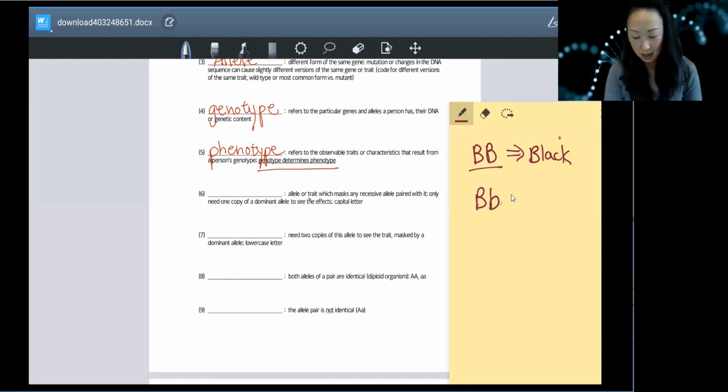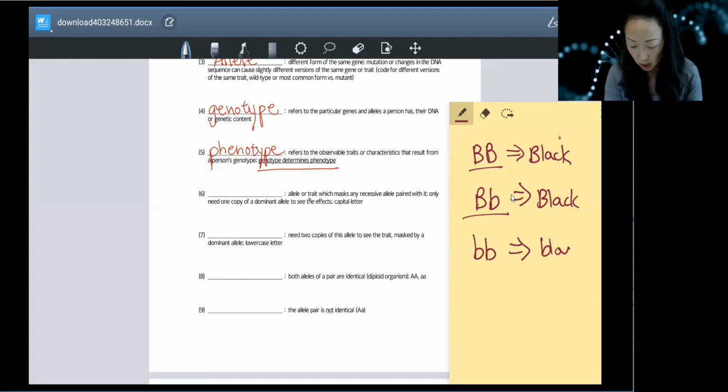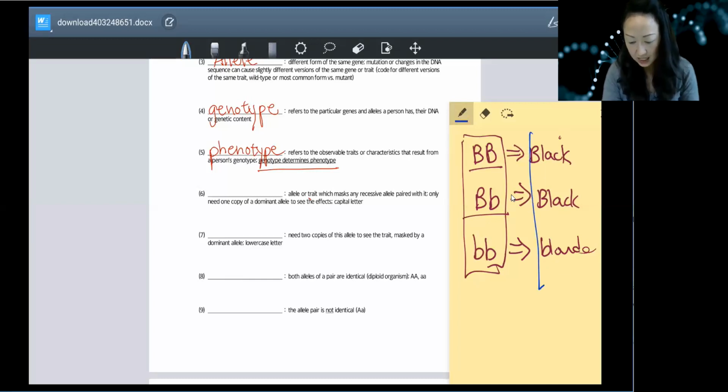Dad says black, mom says blonde, but black trumps blonde by putting on black pigment. The blonde says blonde, but you're not going to see it. Then it's black again. Now, what if mom and dad both have blonde? Then you're going to get blonde. So these are called genotype, and the trait is called phenotype.